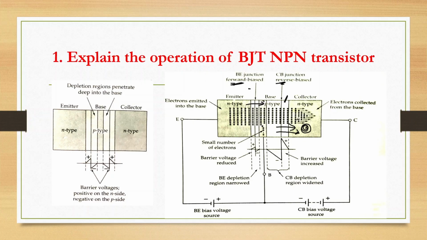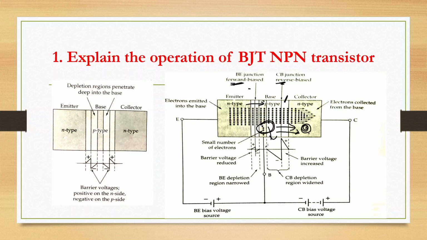Next, a small percentage of charge carriers entering the base from the emitter do not reach the collector but flow outwards through the base.